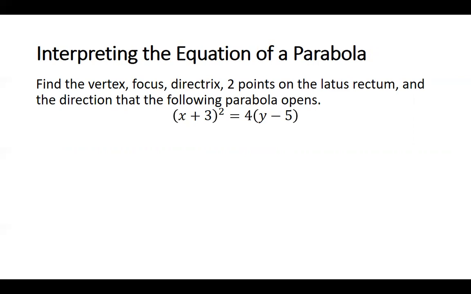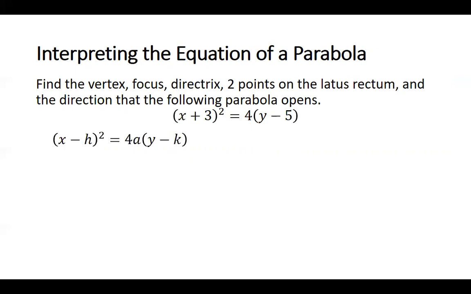And I see a positive on the right-hand side, because if it was positive 5, it would still be this. Since it's positive, that tells us it's either opening up or opening to the right. So the x squared tells us it's opening either up or down. The positive tells us it's opening either up or right, so it's got to be opening up.